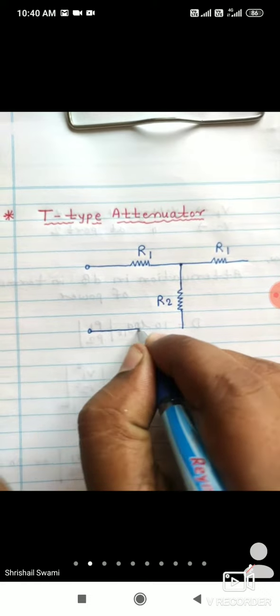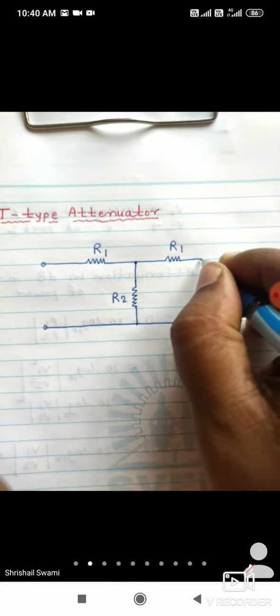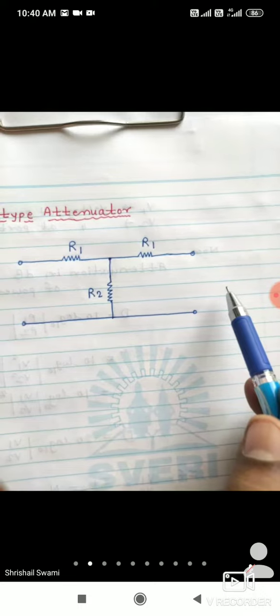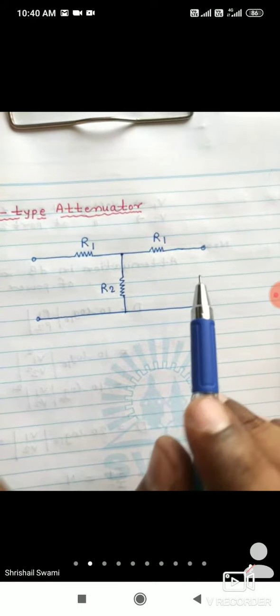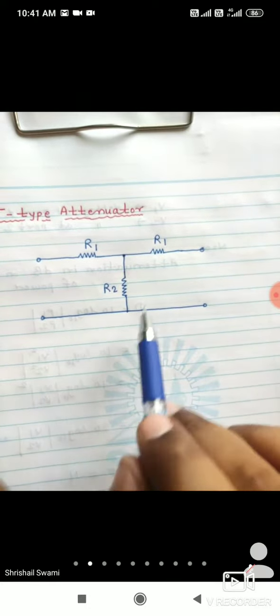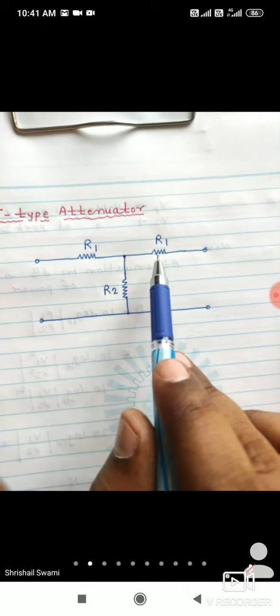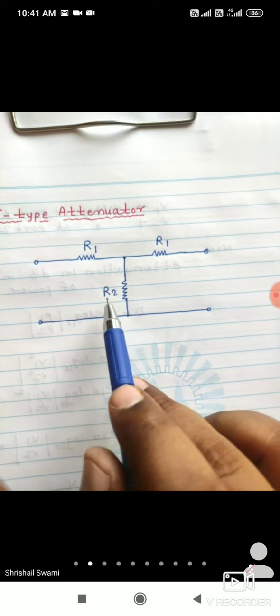So this is the T network or T attenuator. Okay, it is symmetrical. You can look from this side or from that side, it is looking the same. When the network looks the same, it is called a symmetrical network. Understood? So this is called a symmetrical T-type attenuator, where the series arm consists of resistor R1 and the shunt arm consists of resistor R2.